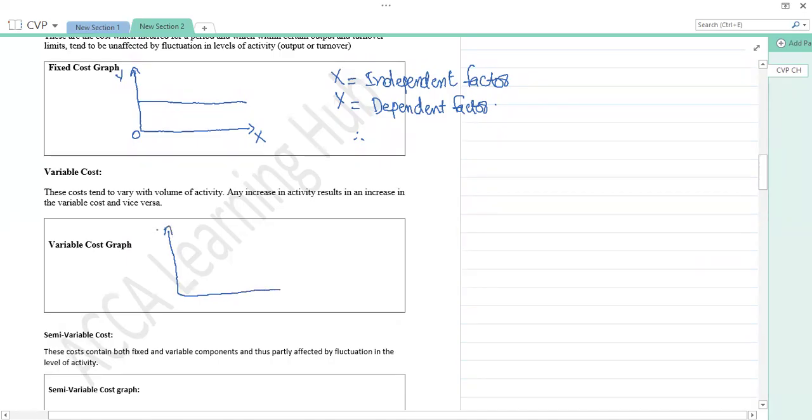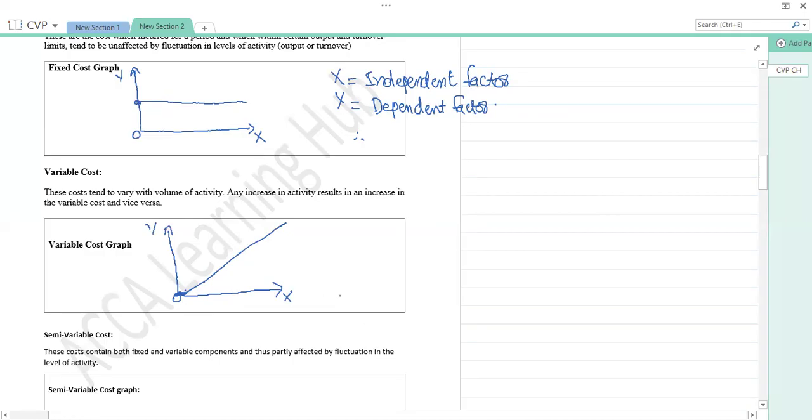When I draw the graph for the variable cost, it will move from the origin upward. Why? Because if you produce nothing, your cost is zero. So variable cost can be zero, but fixed cost can never be zero. Why? Because even if you have no production, you have to pay your fixed expenses. So this is the behavior of the variable cost.